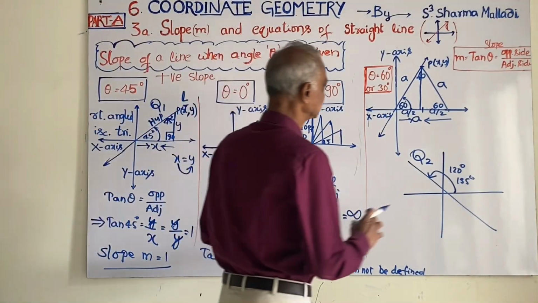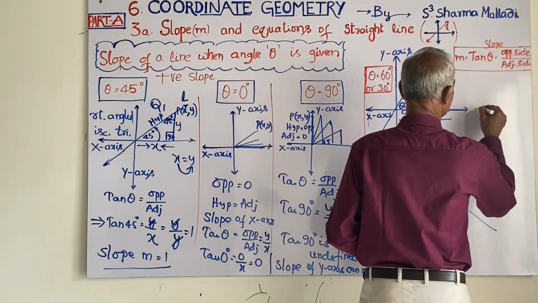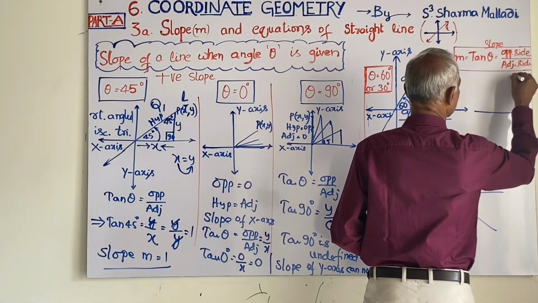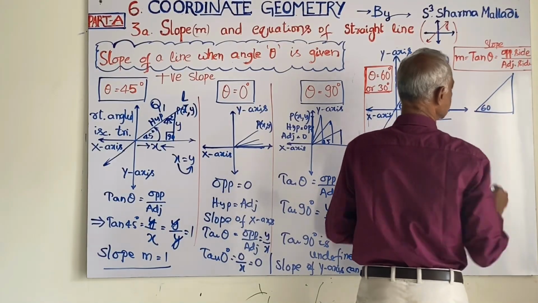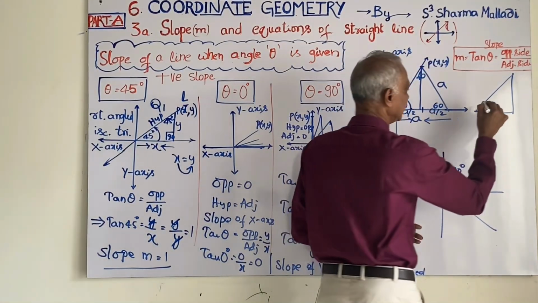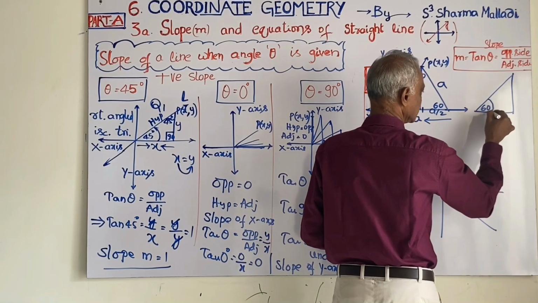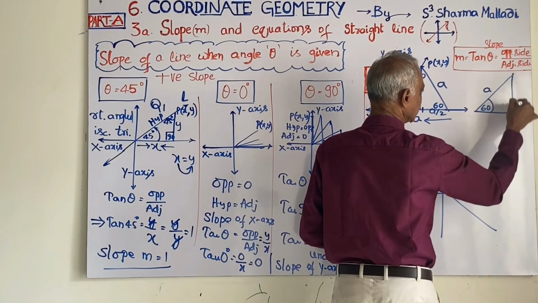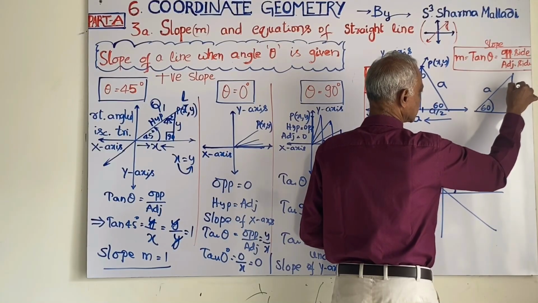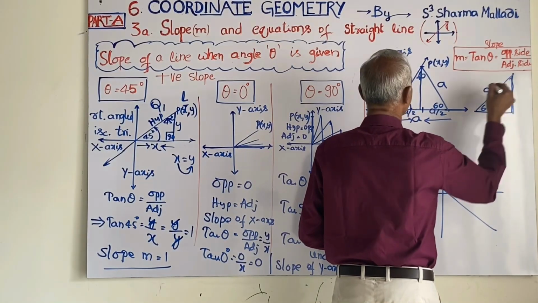We have to find this perpendicular distance. This is 60 degrees, and this is a. We have to find the opposite side.